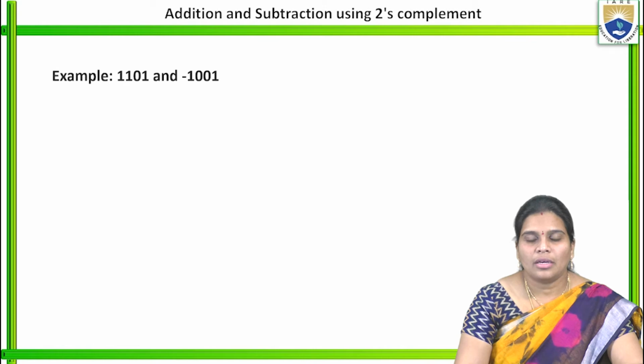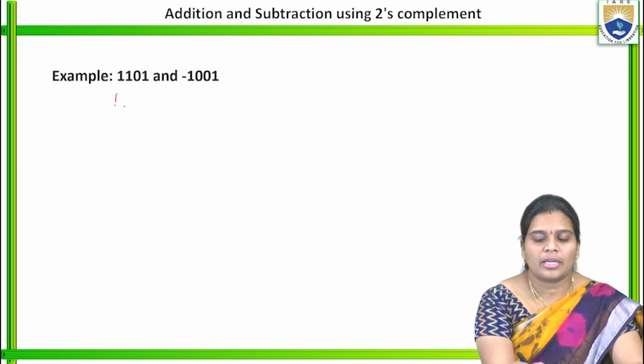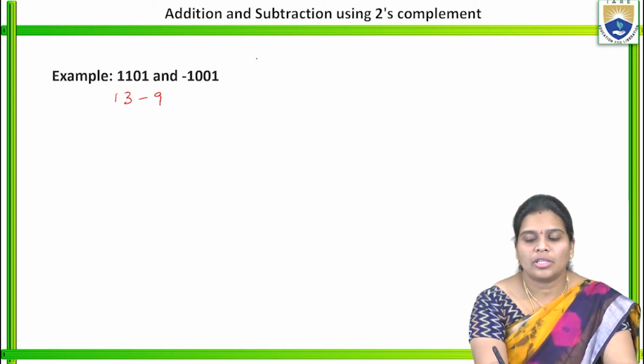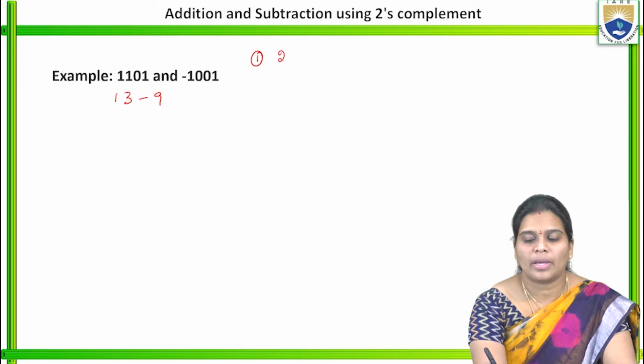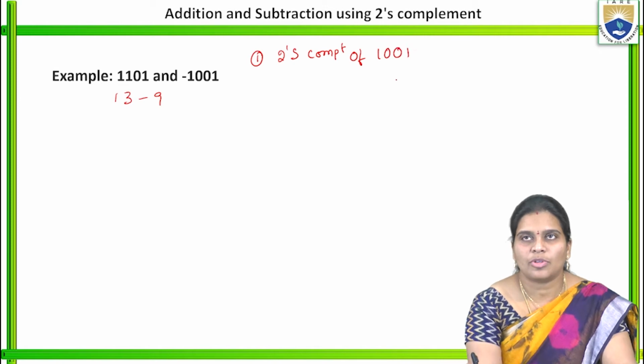This is one example for the twos complement: 1101 minus 1001, that is, 13 minus 9. In the first step, apply the twos complement of 1001. What is the procedure?